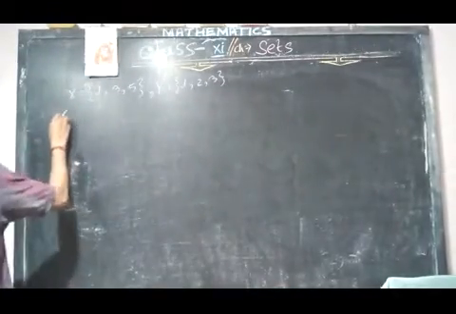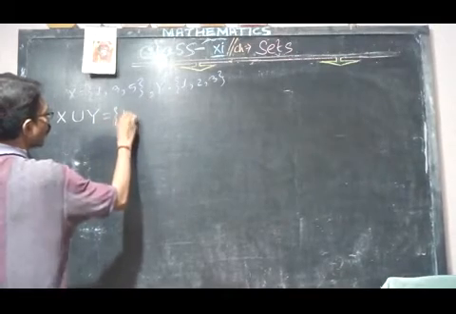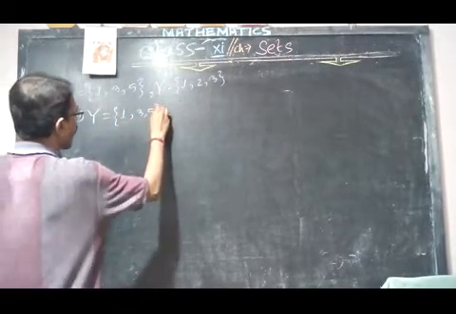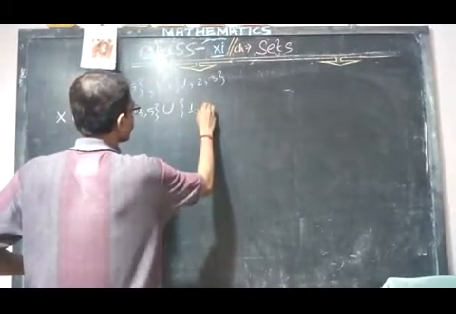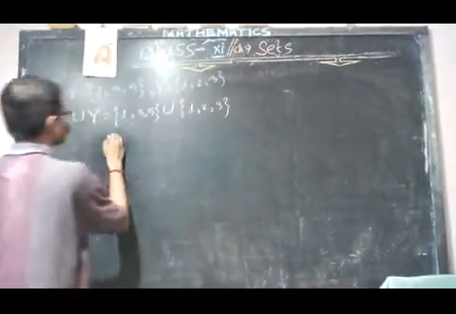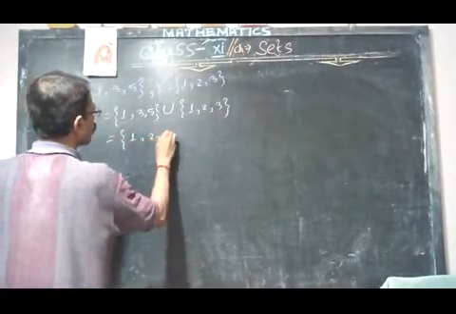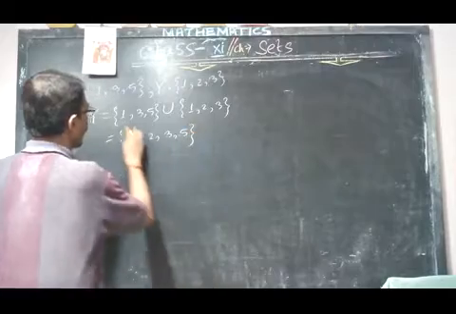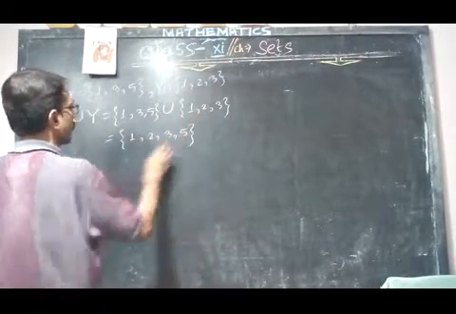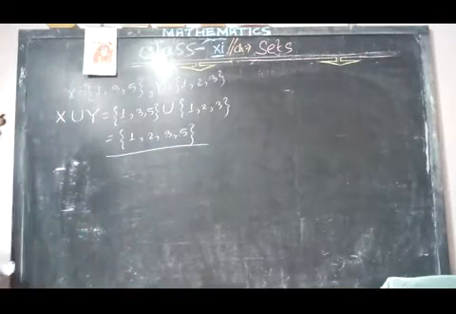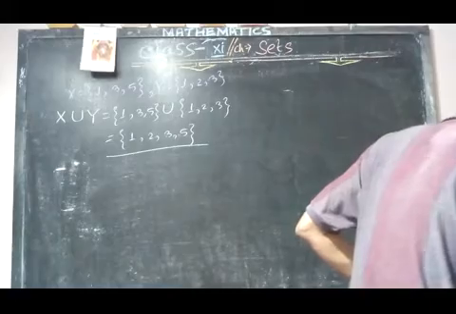Here x union y equals 1, 3, 5 union 1, 2, 3. So the union is 1, 2, 3, 5.